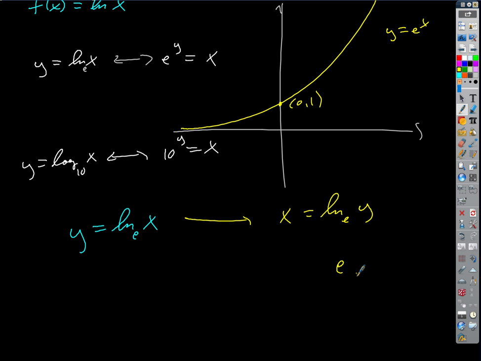So e to the x. The exponent is the log. Whatever it's equal to is the exponent. Equals y is the same thing. We just proved it, right? These are inverses. We proved it by just flipping x and y and solving for y.